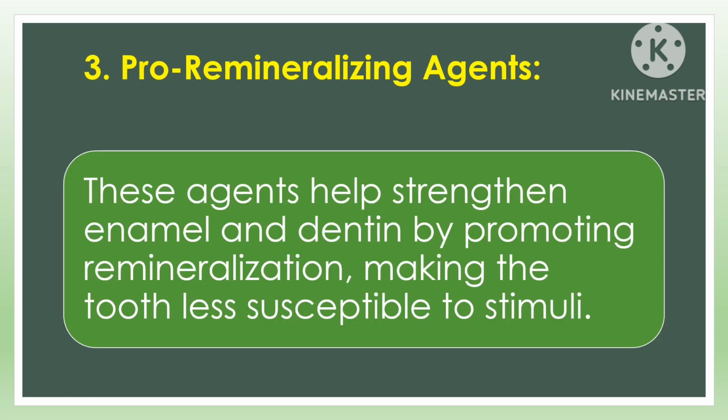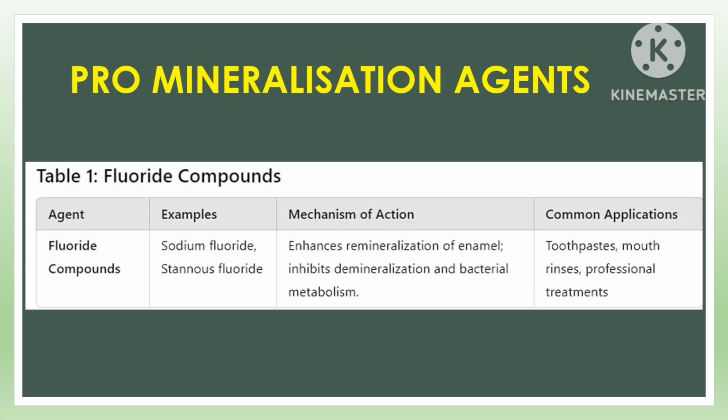Pro-mineralizing agents act as they restore the lost minerals to the teeth, reversing the early stages of tooth decay and promoting overall dental health as well. The most common examples of remineralizing agents are fluoride agents, calcium and phosphate compounds, and hydroxyapatite.